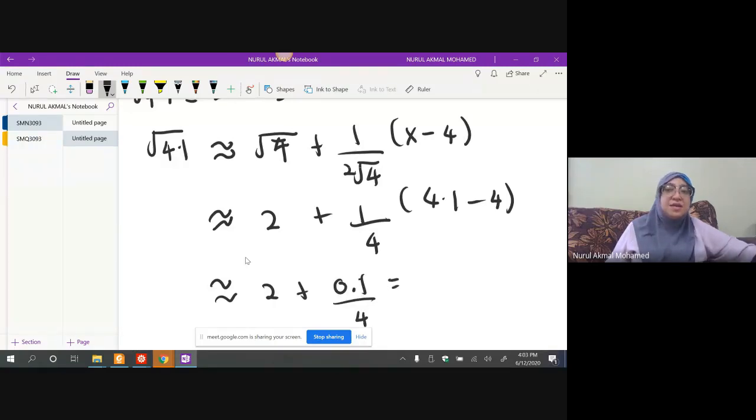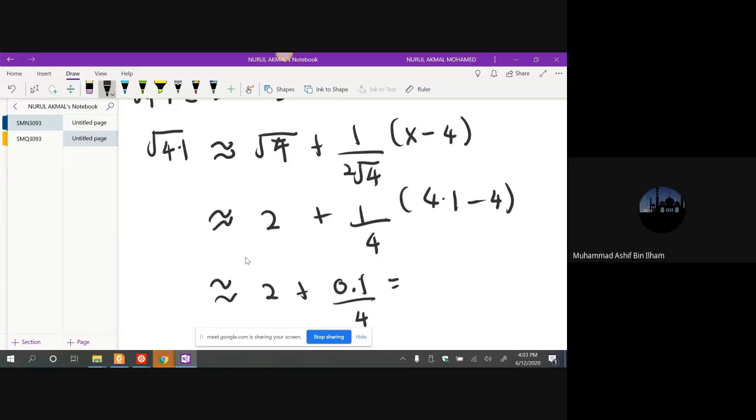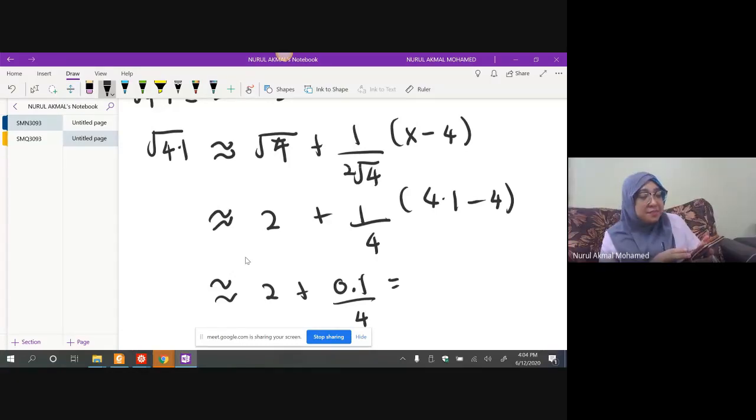So what is the answer for this? It's not as difficult as getting the value for the square root.